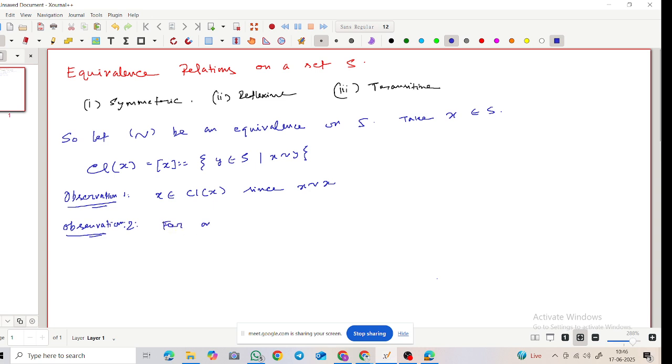For any x, y belongs to S, either class x intersection class y is phi, or class x equal to class y.